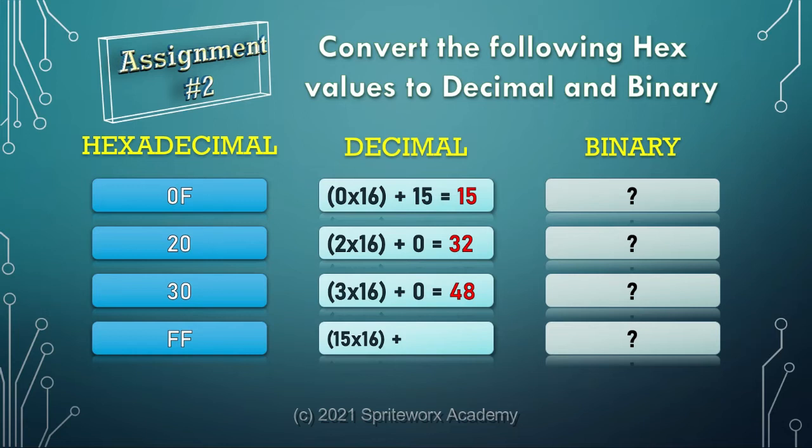But now we still have to add, of course, the rightmost digit, which is F, which we know has a value of 15 as well. So we have our 15 multiples of 16, which equals 240, and to that we add our second F, which has a value of 15. So 240 plus 15 equals 255.